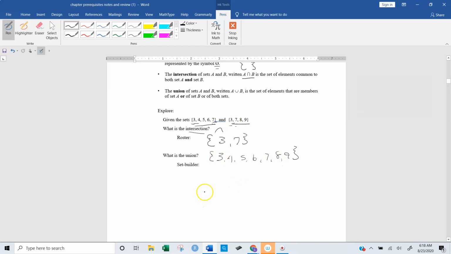Now, how do you write that in set builder notation? There's lots of different ways. I'm going to give you just one, and I'm going to use whole numbers. So we're going to say X, so I'm going to call these elements X, such that X is a whole number. Remember, whole numbers don't have decimals.